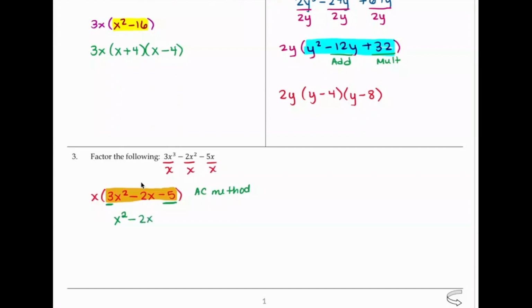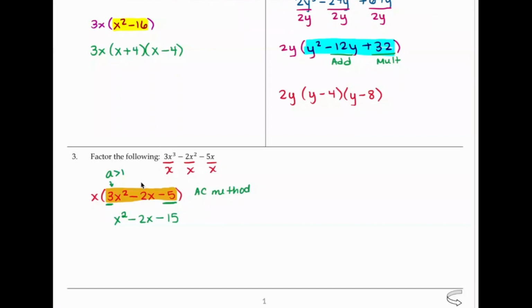The second term remains the same, and the last term becomes that a times c piece. So I end up changing my trinomial from a trinomial where my a term is greater than 1 to a trinomial in which I can apply the basic simple AM method.